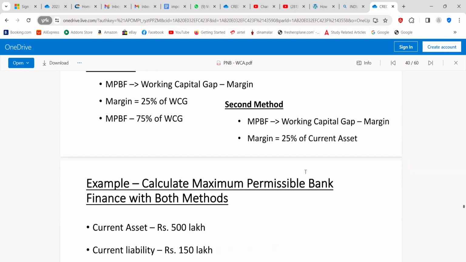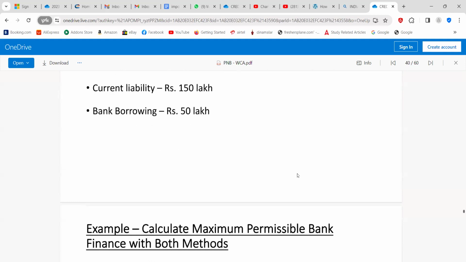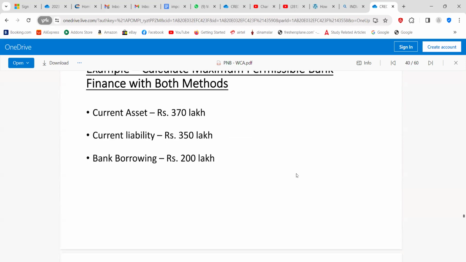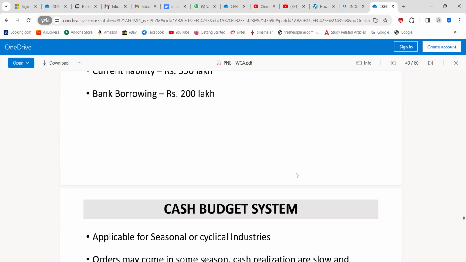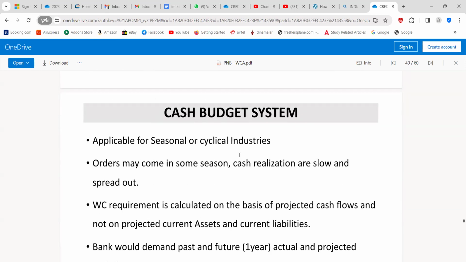Continue. They have given some examples. Please work them out, give the answer in the note on the website, and also check whether it is coming correctly. Yes, please.